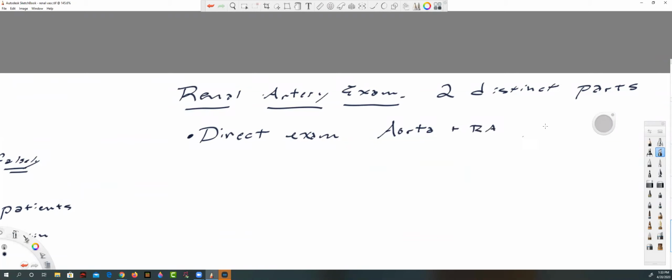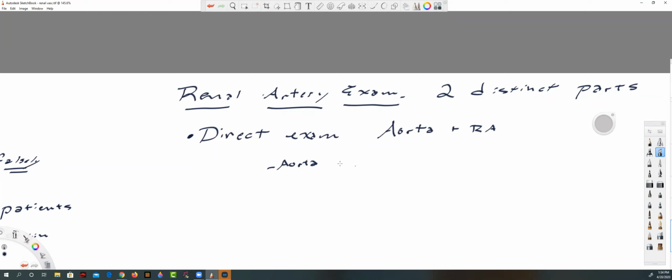And directly means directly. We're looking directly at those arteries. So with the aorta, now your book says you do a full aorta scan. That's fine. I never did it for this particular exam because it wasn't part of our protocol, but go ahead and do a whole aorta check.